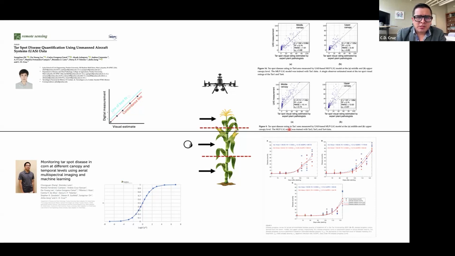But the original idea was to continue to test some of that original work that we had started with blast. And we conducted similar research using drones and multispectral cameras, collected the information, extracted the data, also conducted concordance analysis to compare visual assessments with digital measurements.